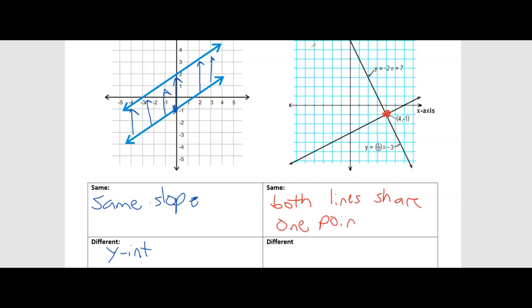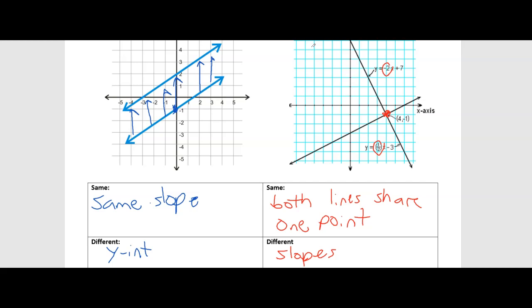In this case, it's a point 4, -1, but obviously it wouldn't have to be that point if we move these lines around. There's a lot of differences, so the one that we're going to focus on is different slopes. We'll talk a little bit later about specifically what's different about those slopes, because there is a relationship between 1/2 and -2. But again, we'll focus on that a little bit later.